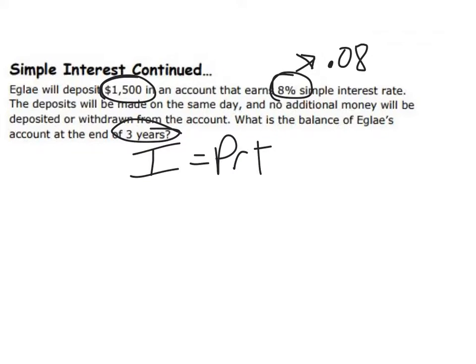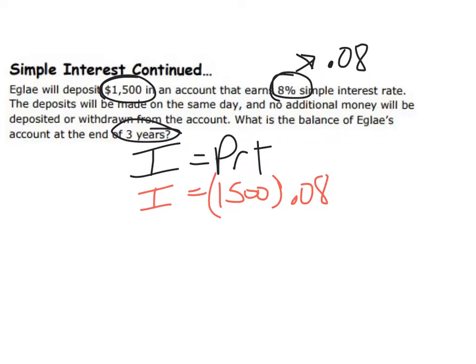Do we need to convert those? No, because it's in years already. So then all we have to do is substitute what we know. Okay, and that's a key word. So we don't know the interest. Principal we know, which is 1,500. Then we have our rate, which is 0.08.